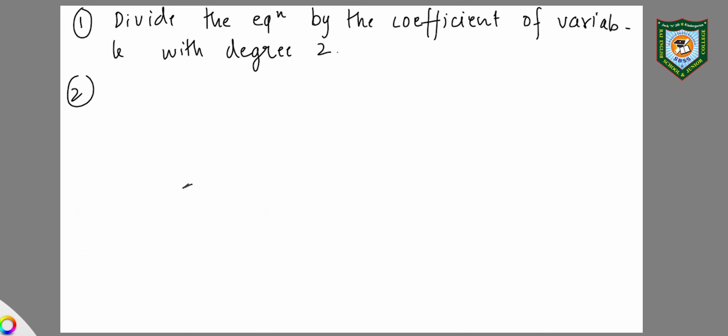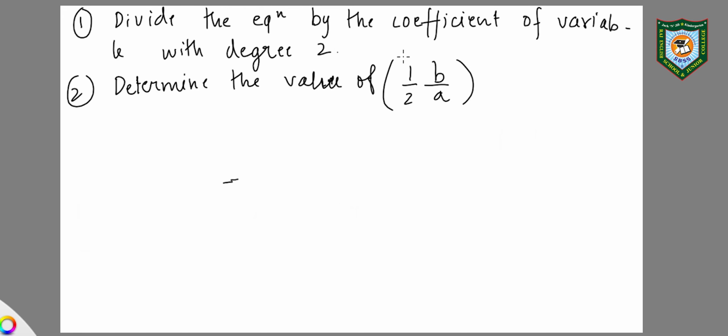Now in the second step, we determine the value of (half of b by a) whole square, after we compare this to our standard equation.